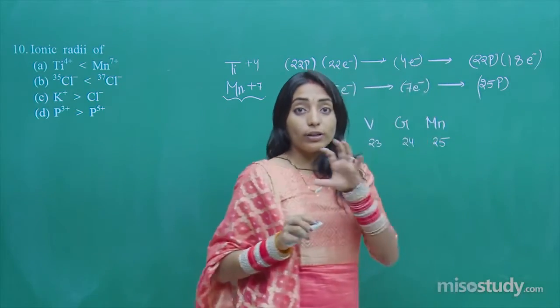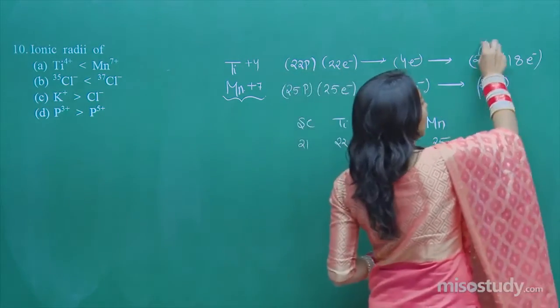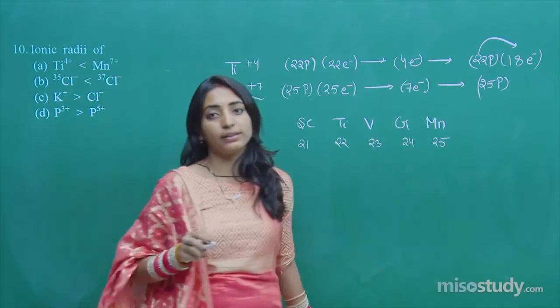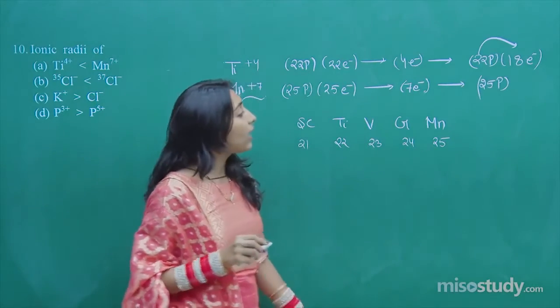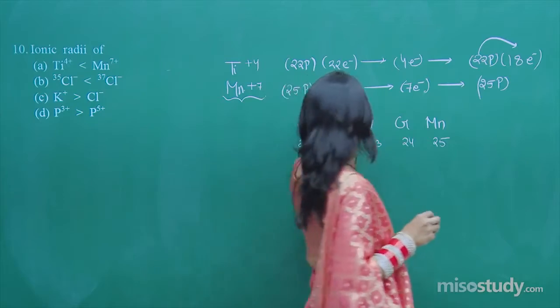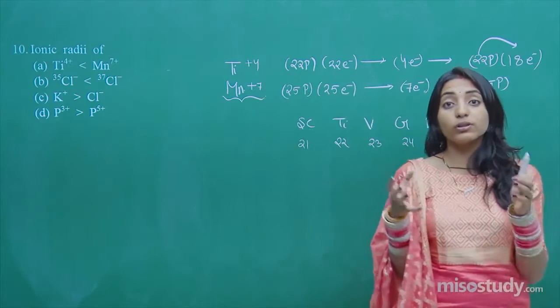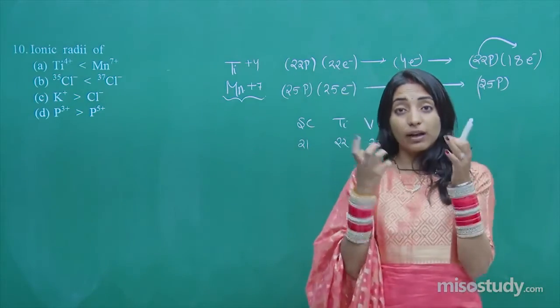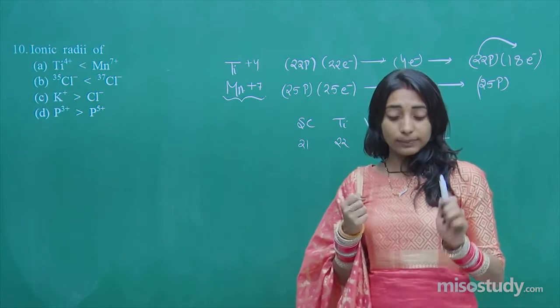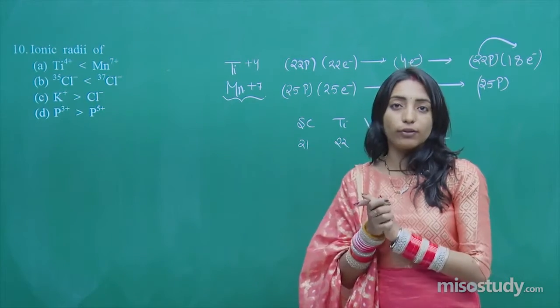So 22 protons will be holding a total of 18 electrons, right? Whereas if I talk about manganese, then 25 protons were earlier holding 25 electrons, but now they are holding 7 less electrons. So see here carefully.